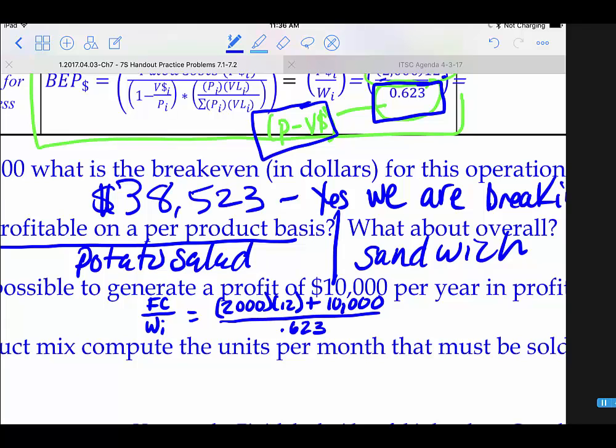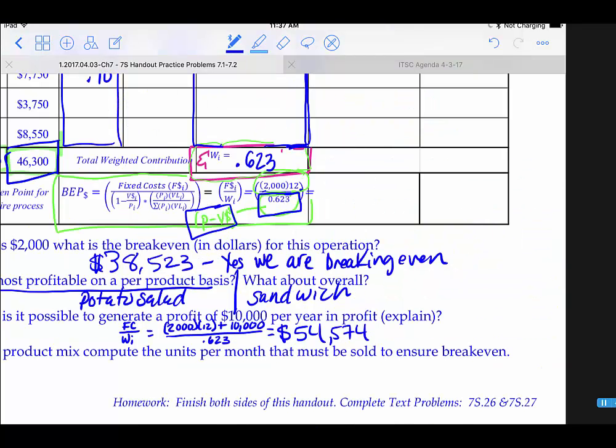We calculate that to determine whether or not we are making enough money on this operation to make the profit of $10,000. And what this tells us is that we need to be bringing in $54,574 in order to make a profit of $10,000. So given everything being the same, we cannot really earn that much profit, is the answer to that.